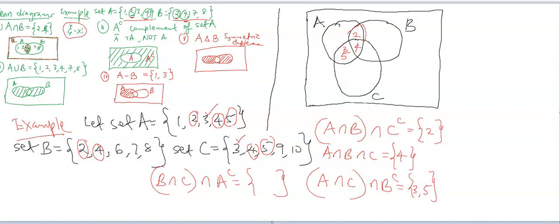This area is empty. B intersection C and not A is empty.